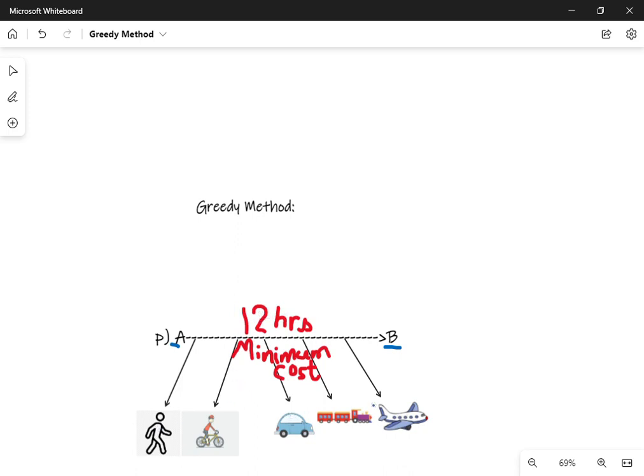So, in which way can he travel in 12 hours? We have to choose a conveyance which is less time consuming. So it may be a train or a plane. There are two possibilities, a train and a plane.